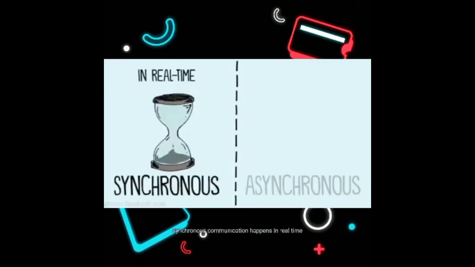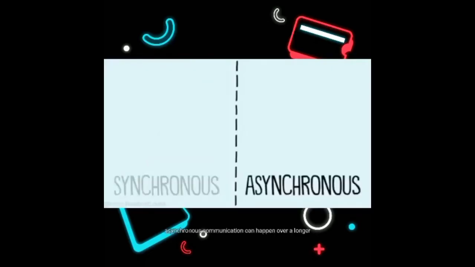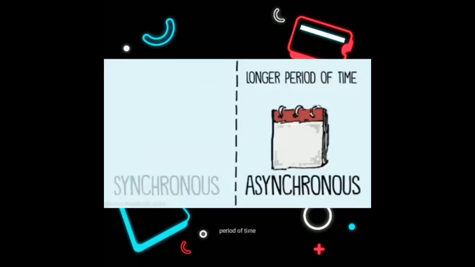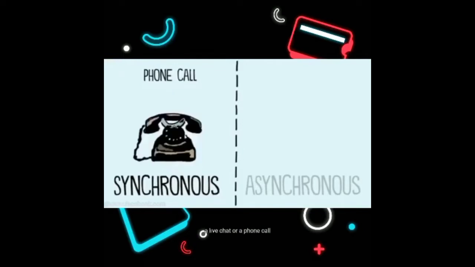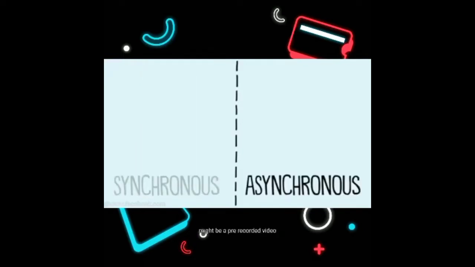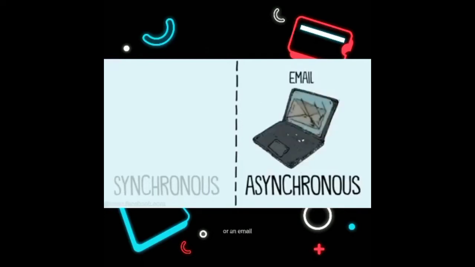Synchronous communication happens in real time, in the moment. By contrast, asynchronous communication can happen over a longer period of time. Synchronous communication might be a video conference, a live chat, or a phone call. Asynchronous communication might be a pre-recorded video, an audio message, or an email.